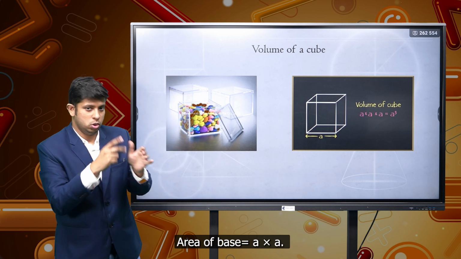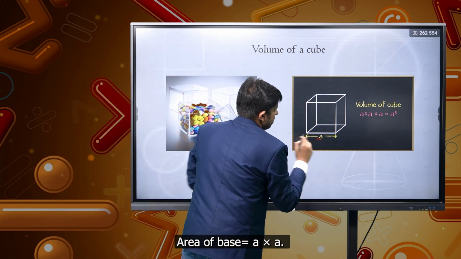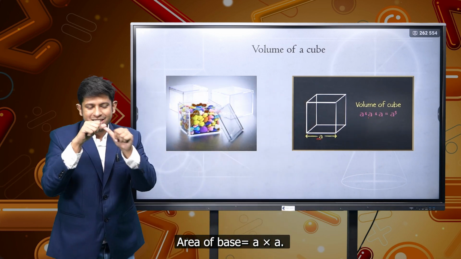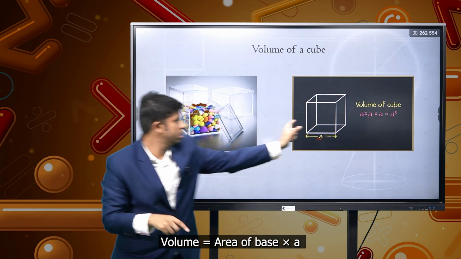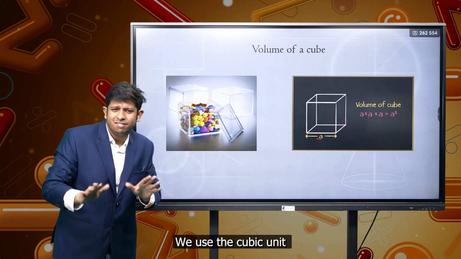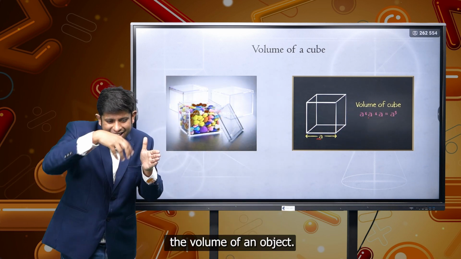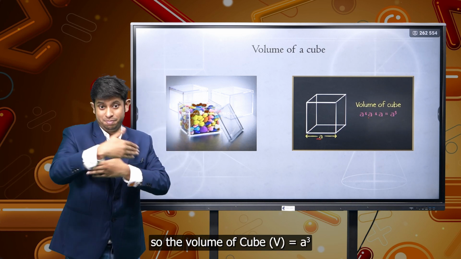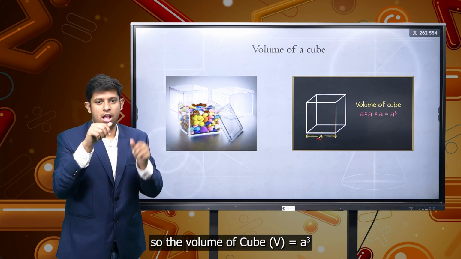Area of base is equal to A into A. Volume is equal to area of base into A, that is equal to A cube. We use the cubic unit as a unit to symbolize the volume of an object. So, the volume of the cube V is equal to A cube.